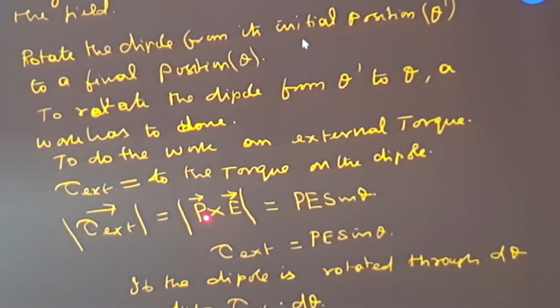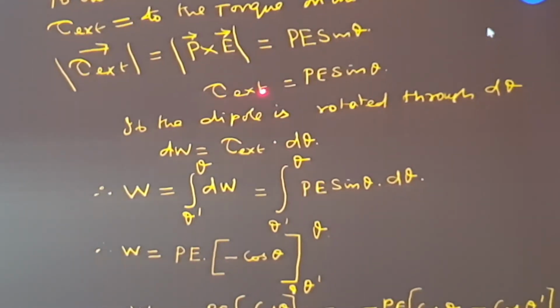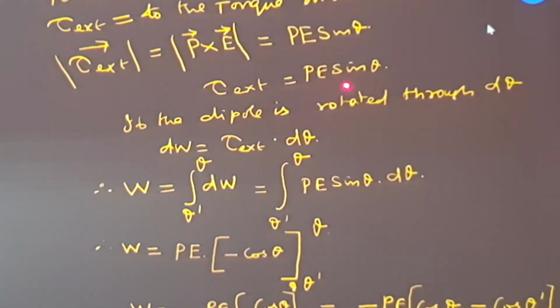The magnitude of the torque produced on the dipole is the modulus of p vector cross E vector, which is given by pE sin theta. So the external torque is tau external equal to pE sin theta. By applying this external torque, we can rotate the dipole through a small angle d theta. If you are rotating it through a small angle d theta, then the small work done, we write as dW.